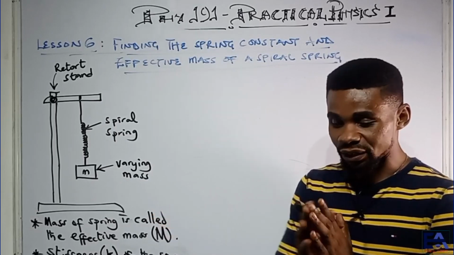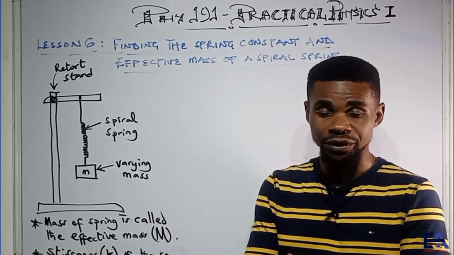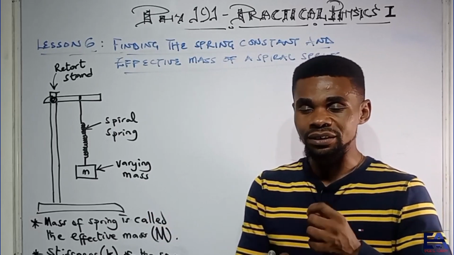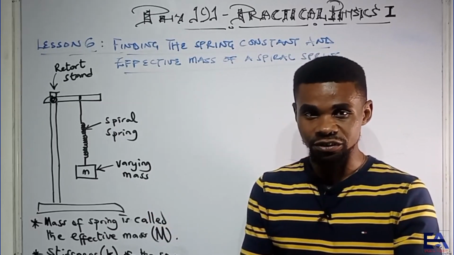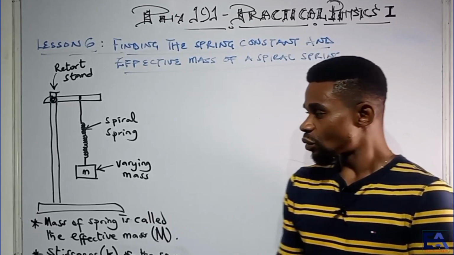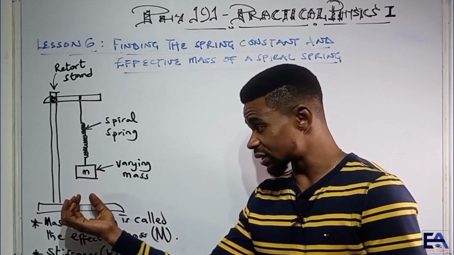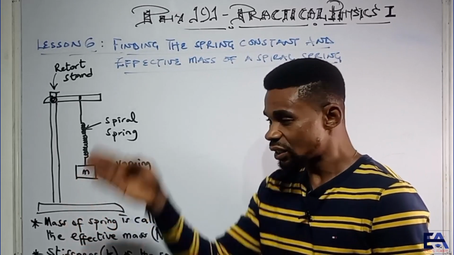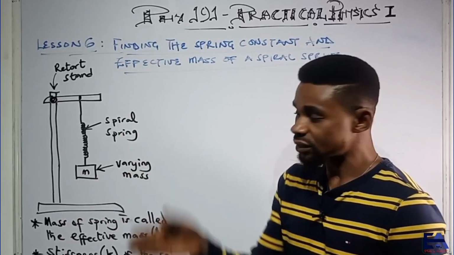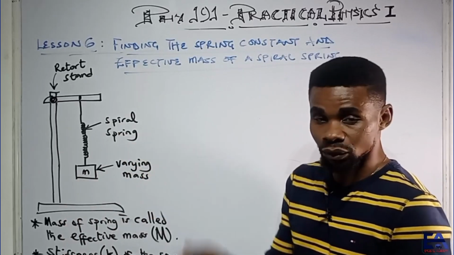In the first instance, we might add a mass of 10 kg. Then we pull it down a little bit, give it a slight displacement and release it. It begins to oscillate, going up and down.